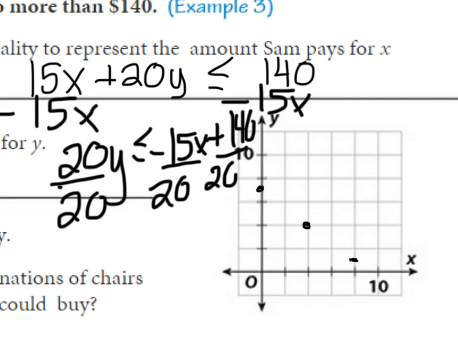Looking at your inequality sign, hopefully you caught on that it was solid. Again, word problems, we can't have negative chairs, so we don't want to draw arrows or go past the x and y axis. We said that was the maximum he wanted to pay, so we should have shaded everything below.